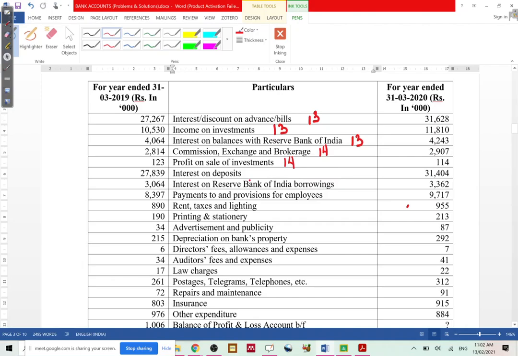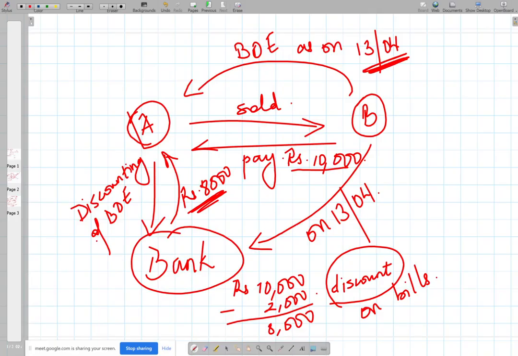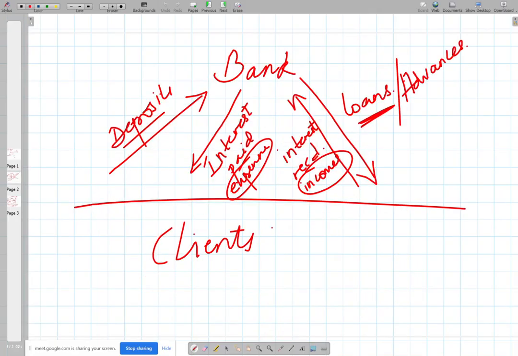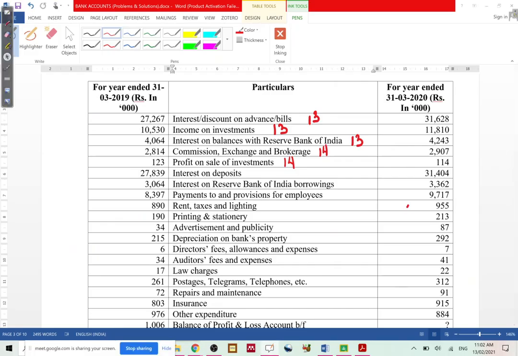Now, interest on deposits. We have made this clear distinction here that when the bank receives interest on loans and advances, it is an income for them. When the bank pays interest on deposits, it is an expense for them, right? So same way here, interest on deposits is interest expended and it will come under Schedule 15. This is an expenditure.